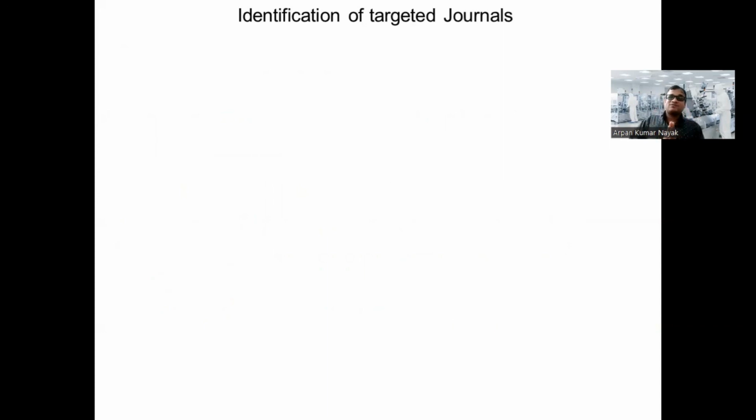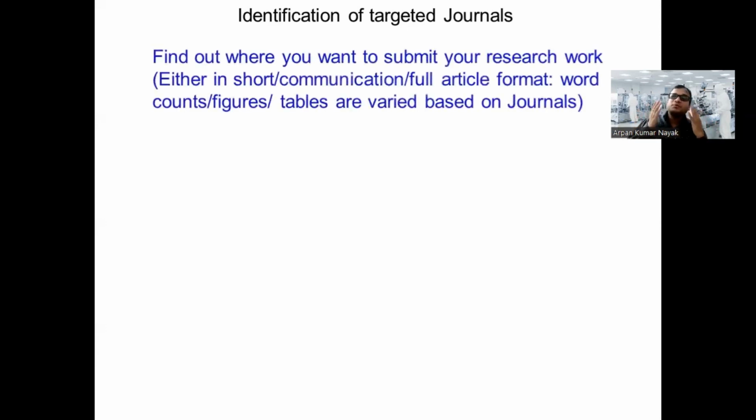When you have the background knowledge like the literature survey, the figures or tables or graphs ready, and the reference managing software, it is now important to decide the targeted journal where you want to publish, whether in a shorter communication format or a full article.